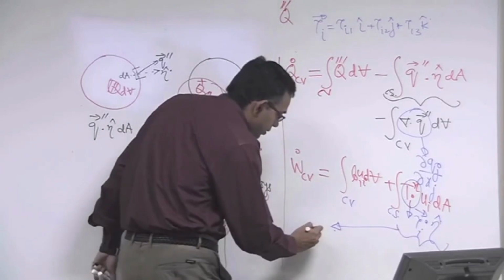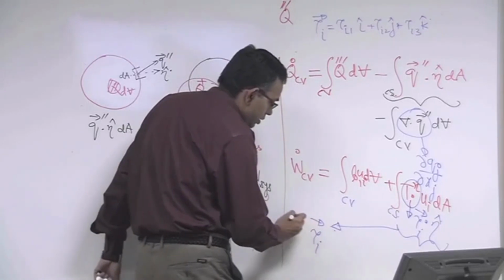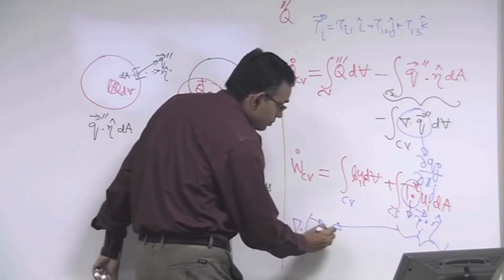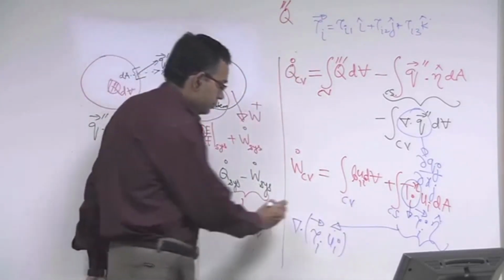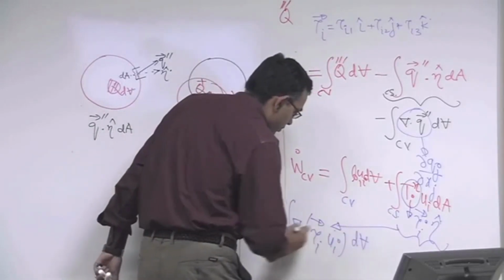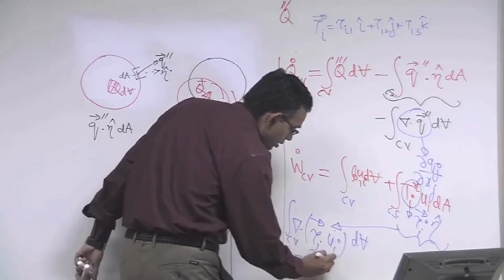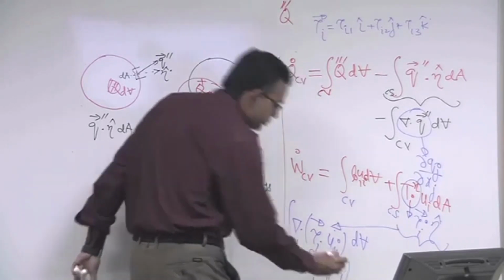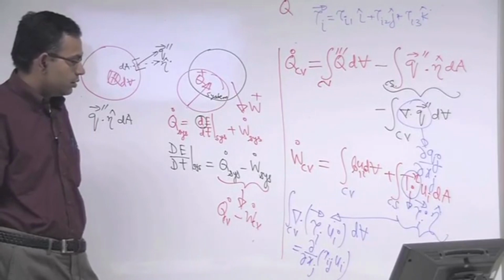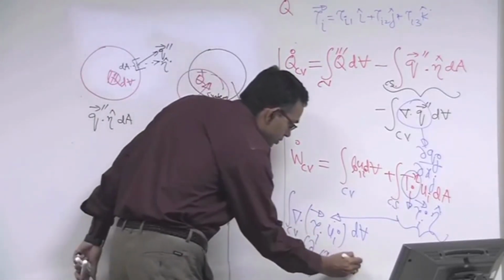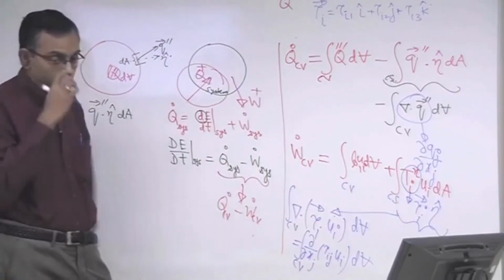So, tau i, that is del del xj of tau ij ui, okay, dV, integral and all those things. So, we have represented all terms in heat transfer and work in terms of volume integral.